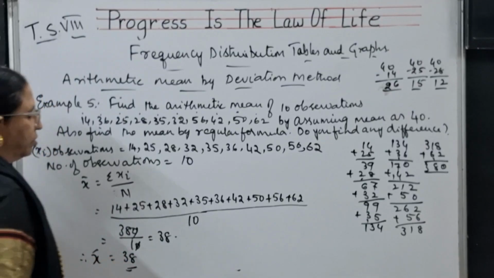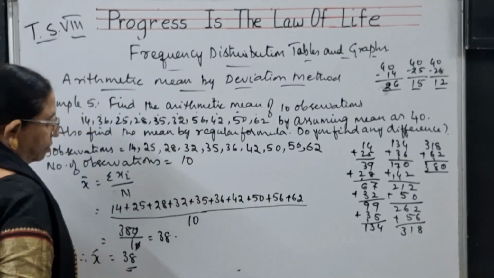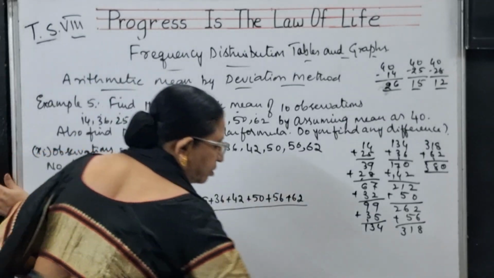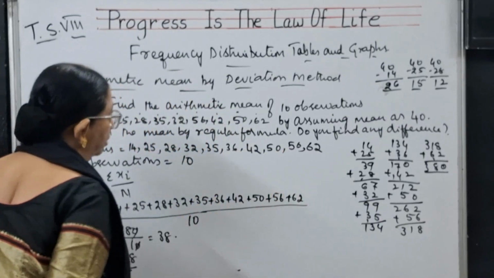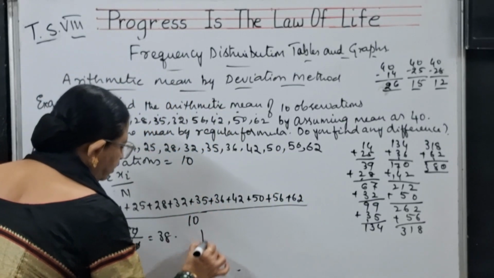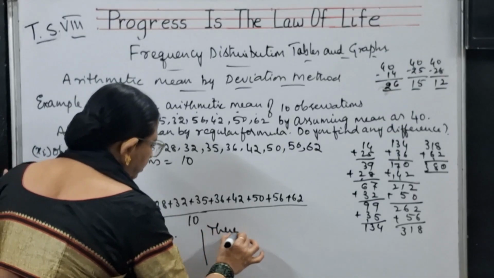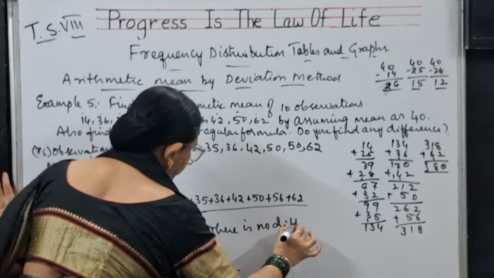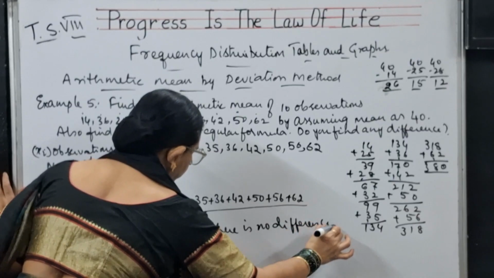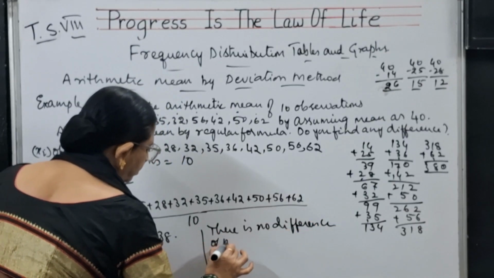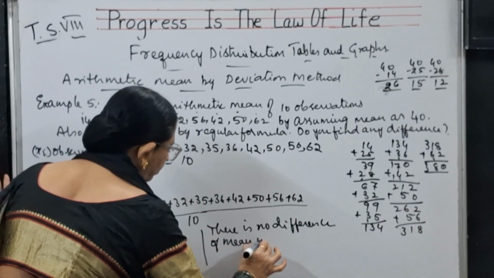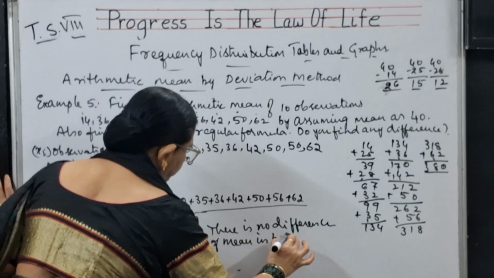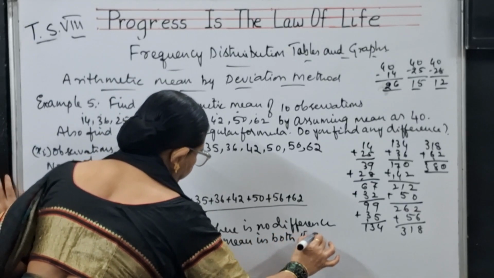In the earlier case also, we got the same mean. The question is, do you find any difference? We will say that there is no difference of mean in both the methods.